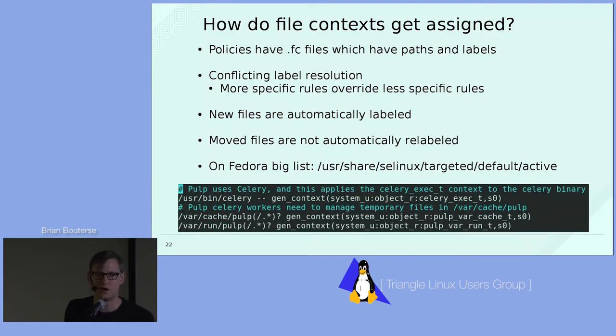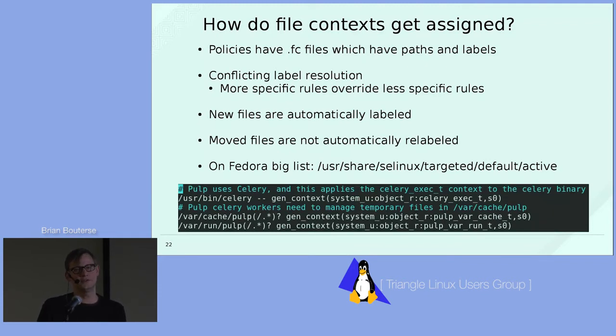New files are automatically labeled because SELinux knows about these files. When you create a file on the file system with SELinux enabled, it automatically shows up with the right label, because the policy engine inside the kernel knows, based on the path, it should have this particular label. Moving files does not automatically relabel them, because the label is stored in an extended attribute on the file, and SELinux doesn't get involved.